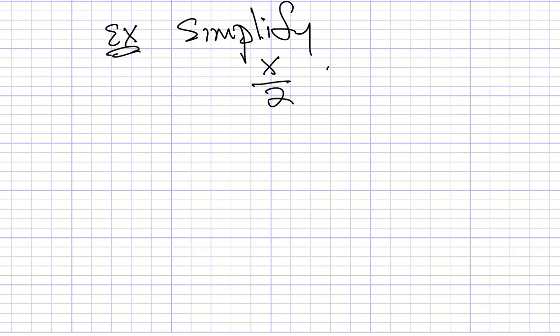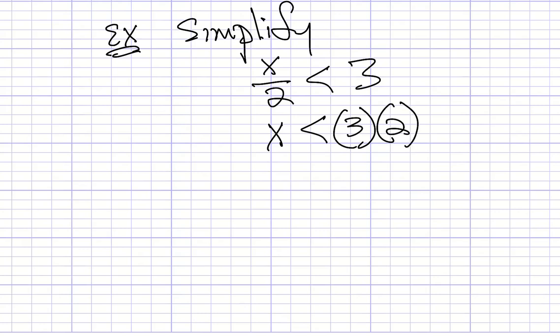They can give you division too. Let me give you an example. There's a rule that goes with that. They can give you: simplify x over 2 is less than 3. All you're going to do is a form of cross multiply. You say x is less than 3 times 2.